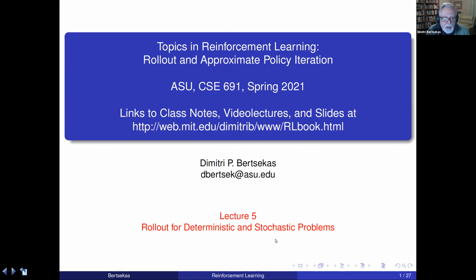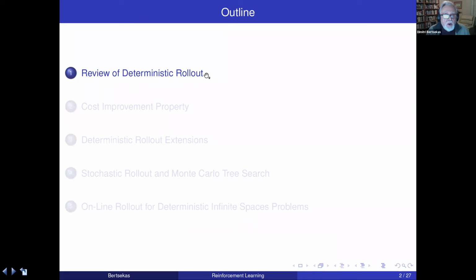And we have covered, to some extent, deterministic problems. We're going to review deterministic rollout and discuss a little more the cost improvement property in particular. Then talk about various extensions, various variations of deterministic rollout.